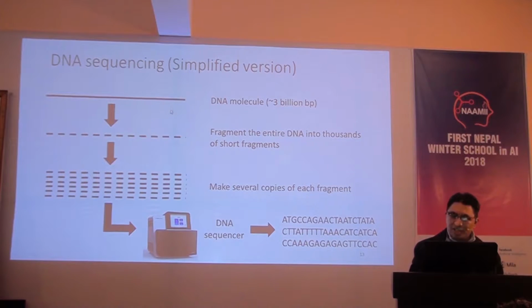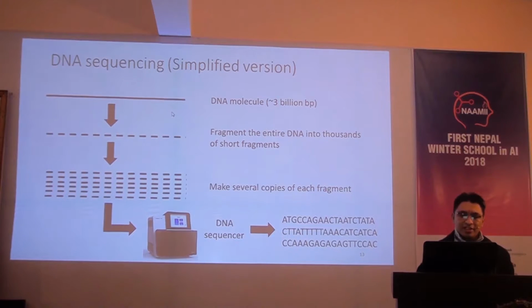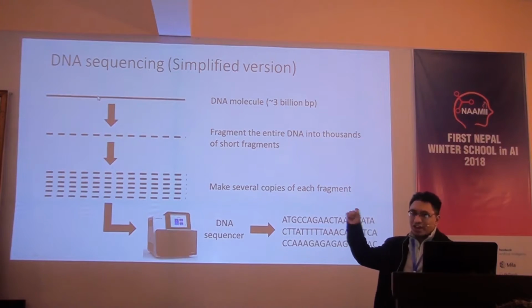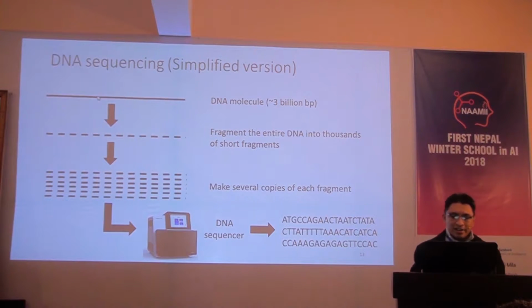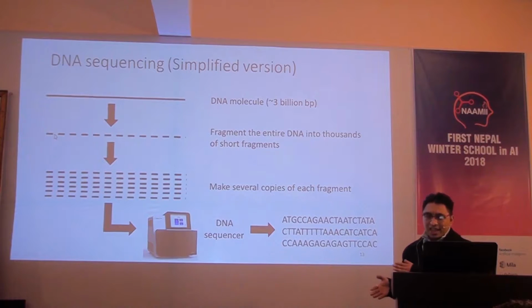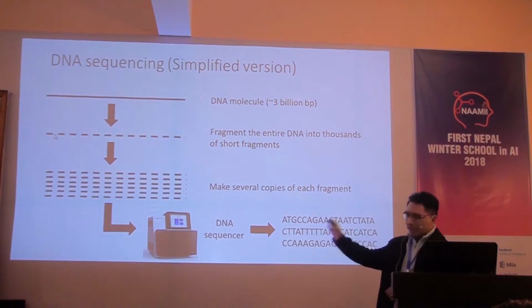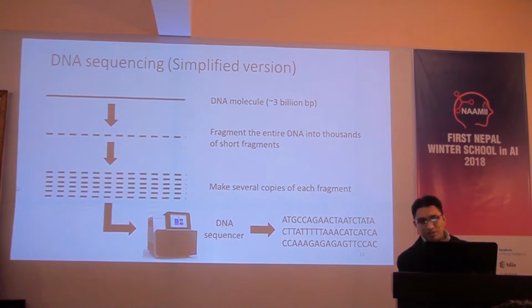So experimentally, what we do is we fragment the entire DNA molecule into very short chunks, right? And then each of these fragments is copied. We make several copies of each of those fragments, and then we feed them into an instrument called the DNA sequencer.